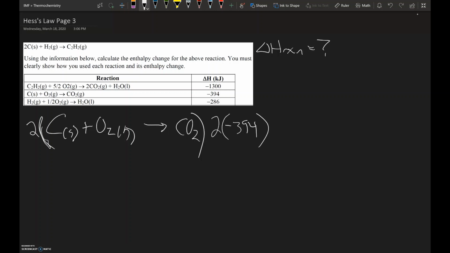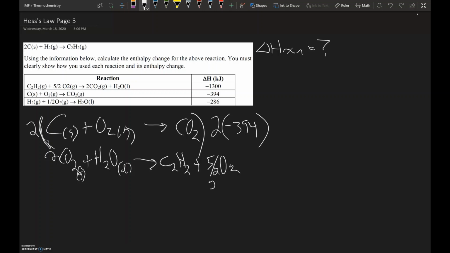Now, as we look at the first step, we see that it has C2H2 as a reactant, but in the overall step, we need the C2H2 to be a product. So we're going to flip that equation around. So we're going to have 2 CO2 plus H2O yields C2H2 plus 5/2 oxygen.